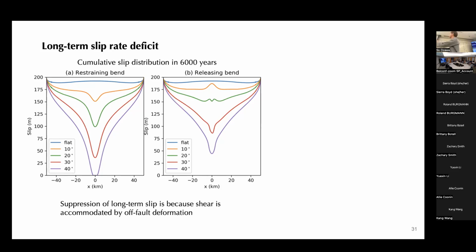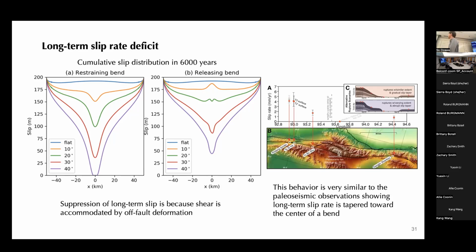Typically, we have smaller cumulative slip on the fault bend due to stress relaxation. This is also consistent with some observational work from a paleoseismology perspective. For this fault in Tibet, Elliott 2018 found that the long-term slip rate is tapered toward the center of the bend. So our simulation is also consistent with the observation, like this curve corresponds to this curve in the observation.